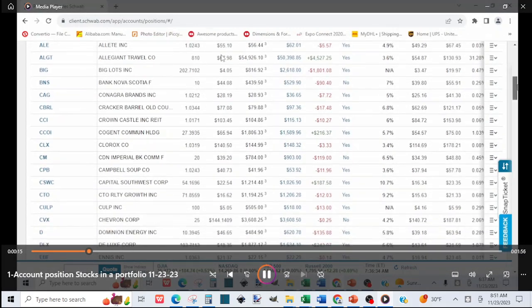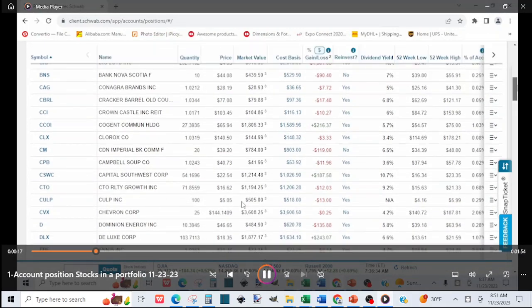The price is how much it is selling for now. The market value is taking the quantity, the number of shares you have, times the price to give you the market value. So if you were to sell all the shares you have at the market price, that's how much you'd earn from it. So the cost you paid for it minus how much you sell it for will give you a gain or a loss.